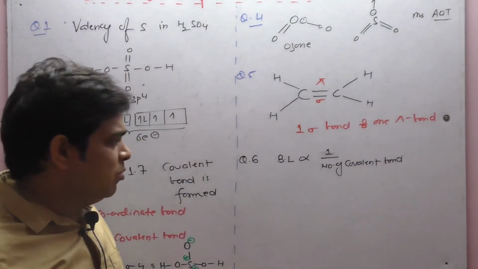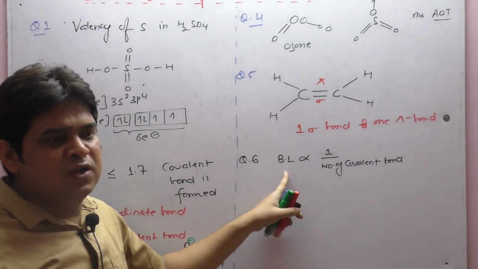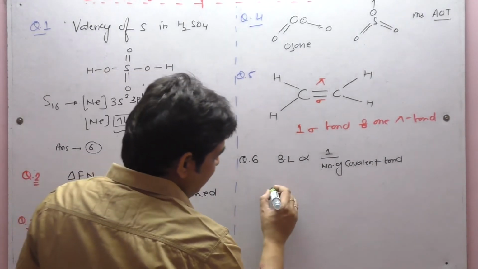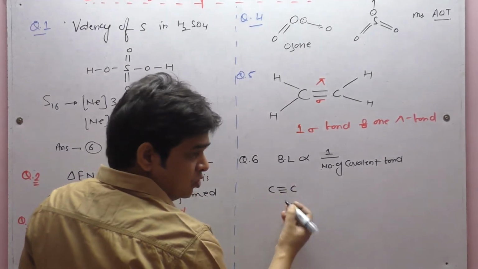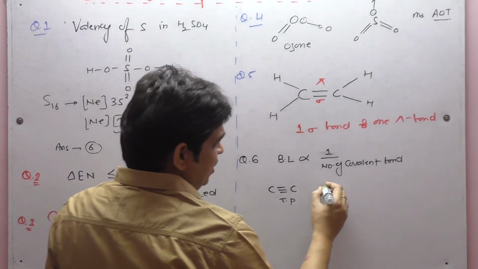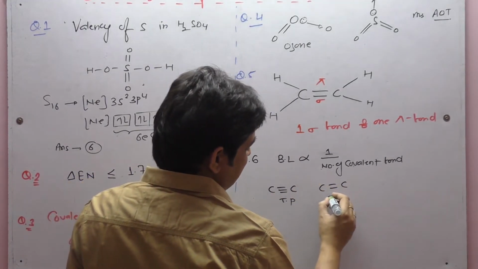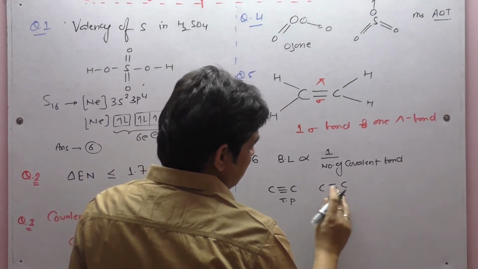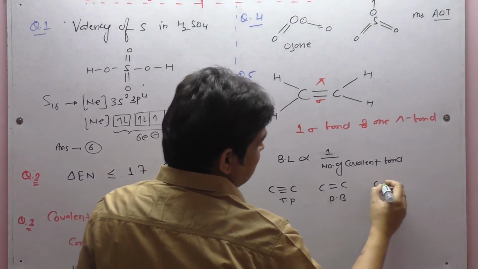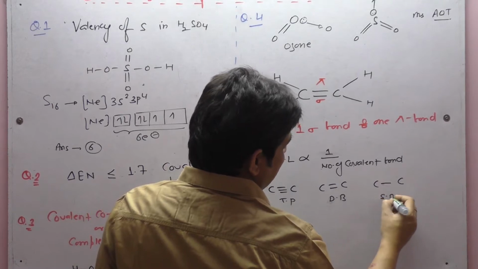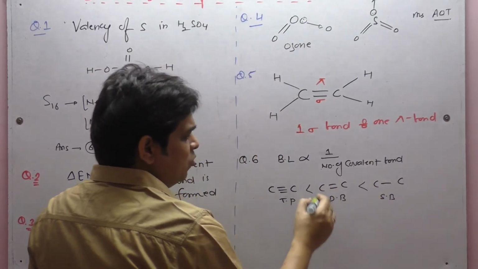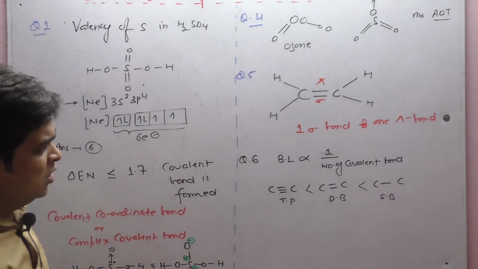If we have more number of covalent bonds, the bond length will be less. So if we have the carbon triple bond, here we have the triple bond. In carbon double bond, we have the double bond over there, and this is called single bond. So bond length will be more in case of single bond.